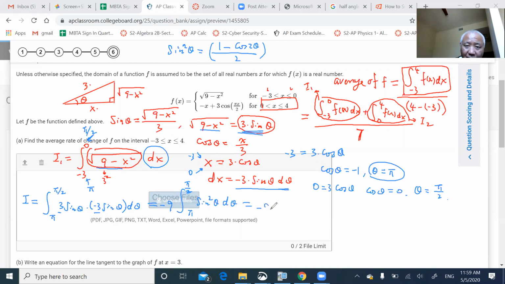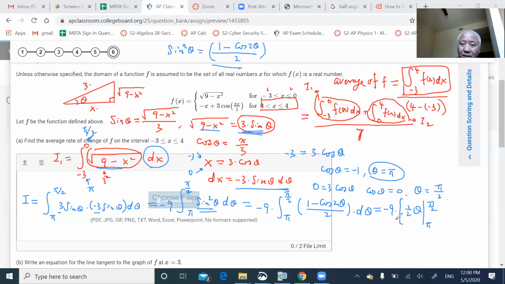So now we have -9 integral from pi to pi over 2, and I plug it in: 1 minus cosine 2 theta, divided by 2, times d theta. Now you can separate them.